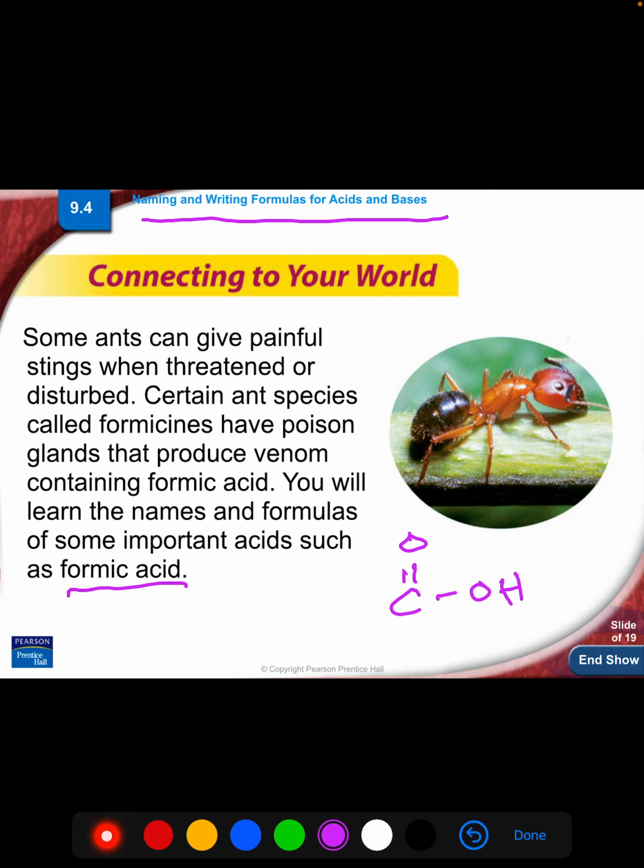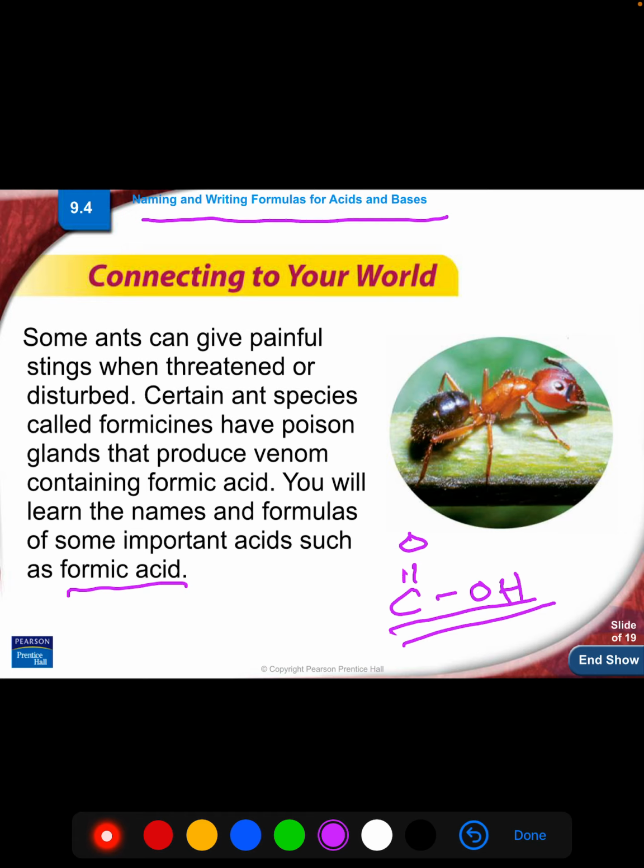It is found in the bite of fire ants. The genus and species for the Texas fire ant is Solenopsis invictus, and they have a very painful bite because they release this organic acid, whose formal name and official IUPAC name, International Union of Pure and Applied Chemistry name, is actually methanoic acid.